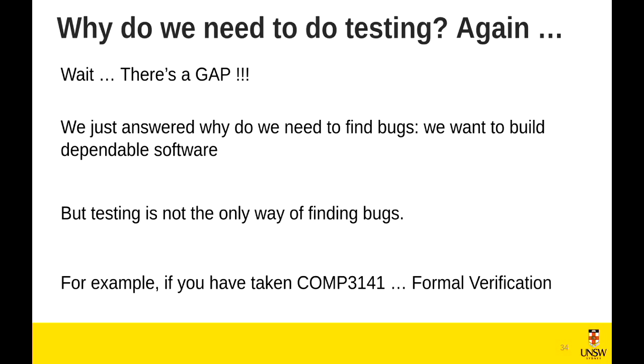For example, if you have taken COMP3141, you may have learned something about formal verification, which is to say that a piece of software is free from bugs. So testing is not the only way of finding bugs.